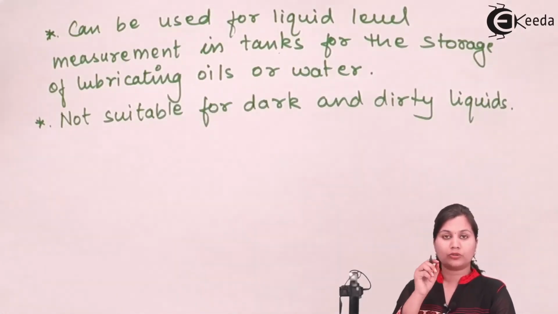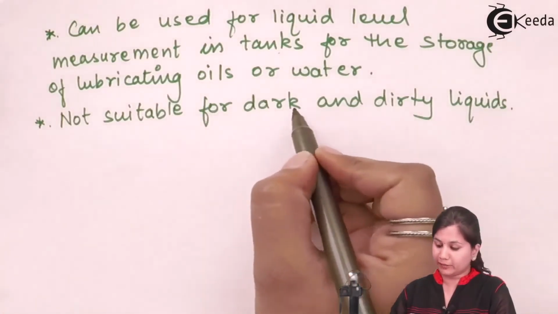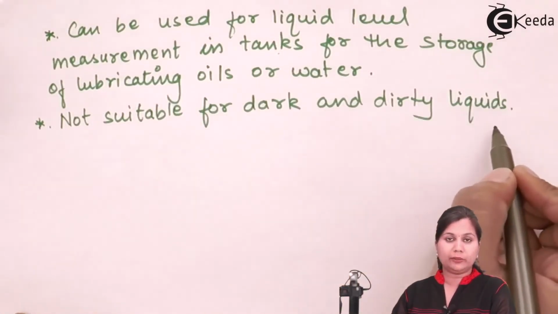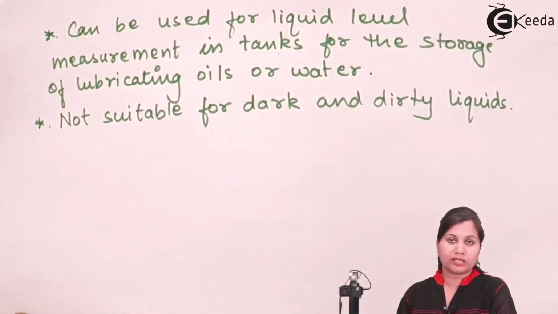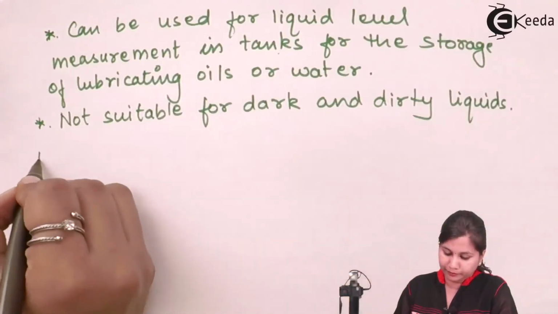It is going to darken the readings, so it will be difficult for the operator to take them. Also dirty liquids are going to clog the walls, and the side glass will not be cleaned properly. So in the case of dark and dirty liquids, it cannot be used.